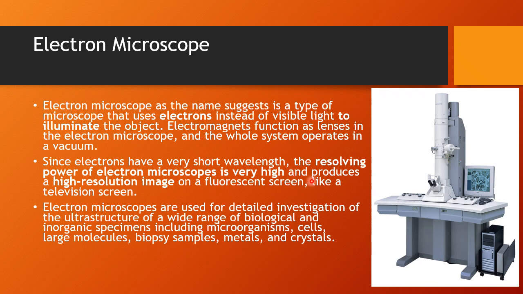The wavelength of visible light is somewhere around 380 to 750 nanometers, whereas the wavelength of electrons is 0.1 to 0.2 nanometers. So electrons have a very short wavelength, and because of this it gives you very good high resolution images.